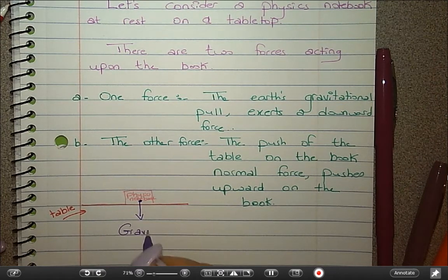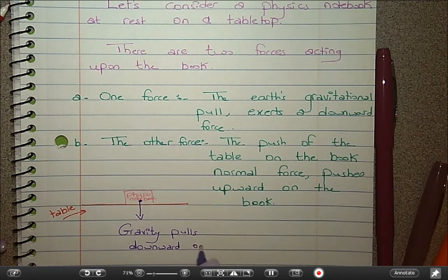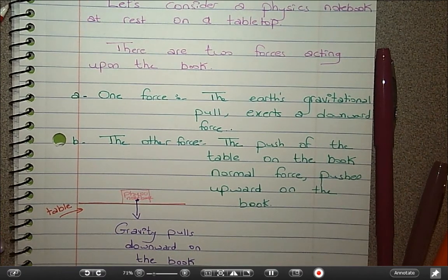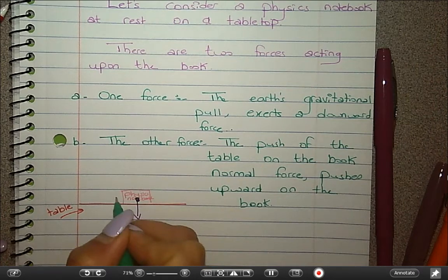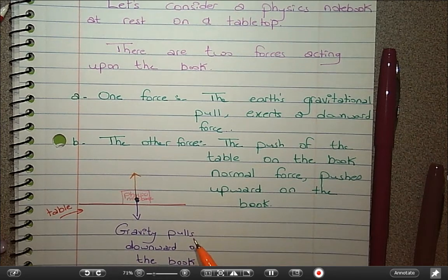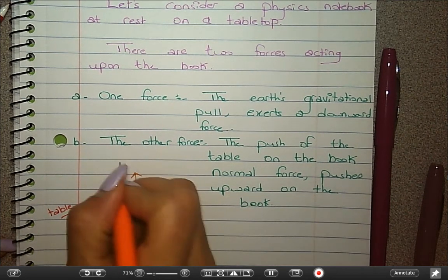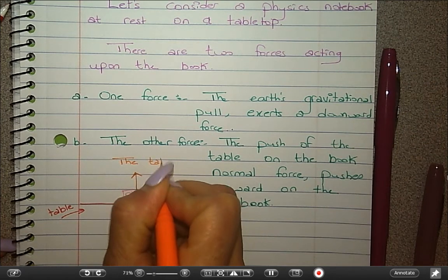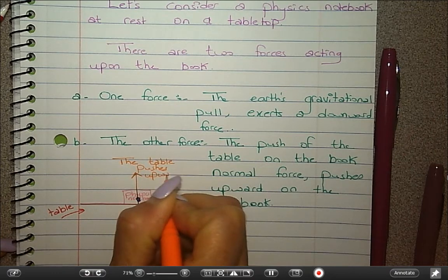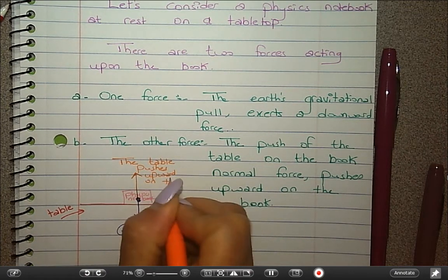That's gravity, it pulls downward on the book. And then I have another force that is going upwards, right? And that is the table pushes upward on the book.